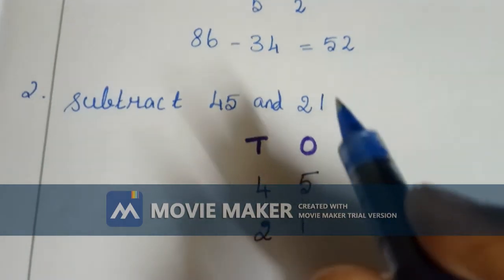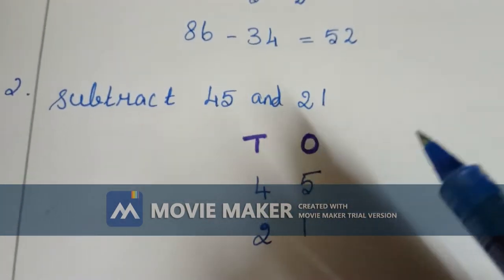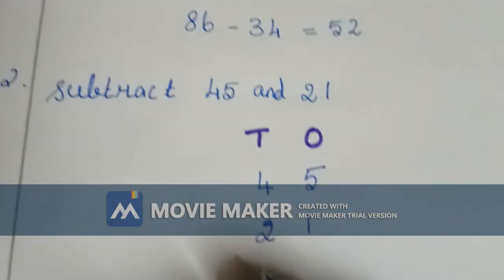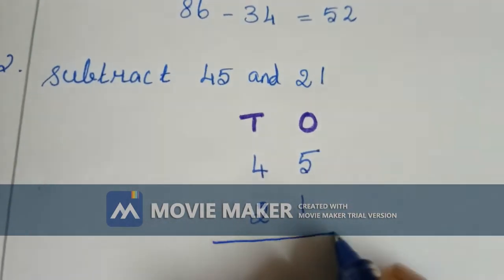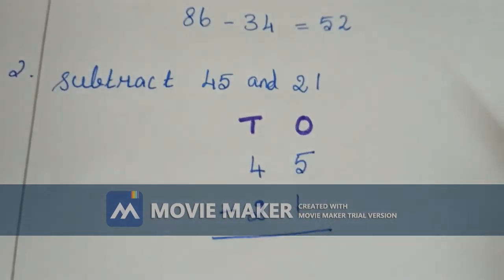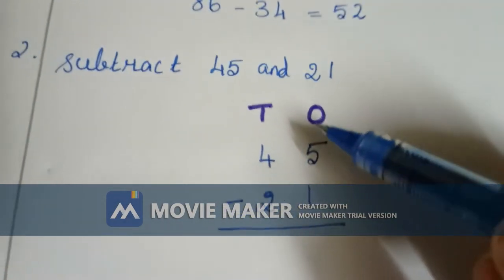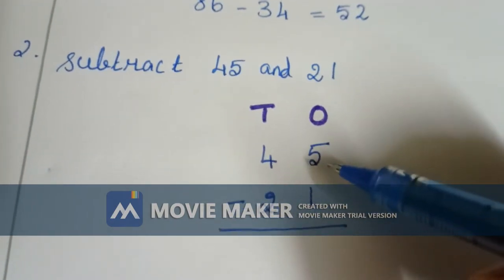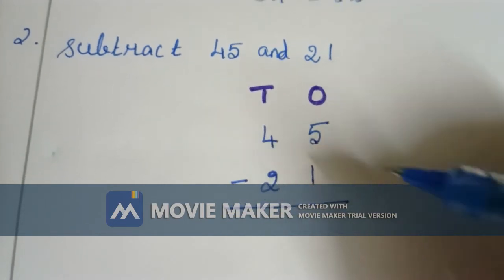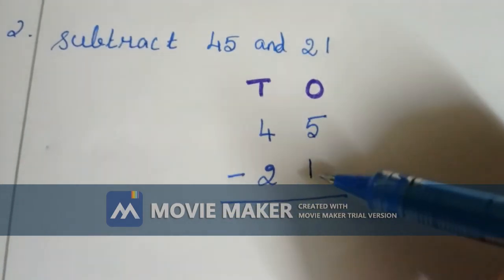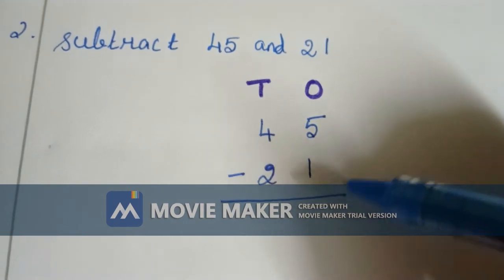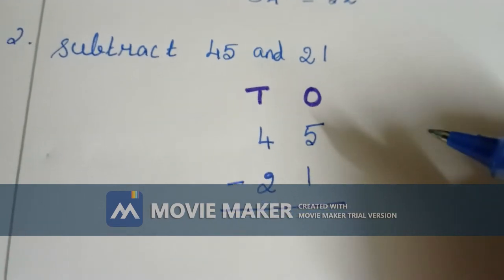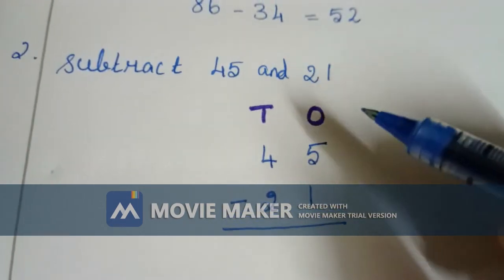So children, first write the bigger number. Don't forget, you have to first write the bigger number. Then the next step is you have to subtract these two numbers. First you have to subtract the values in the ones place. In the ones place the bigger number is 5, so please open 5 fingers, and the smaller number is 1, so please close one finger.